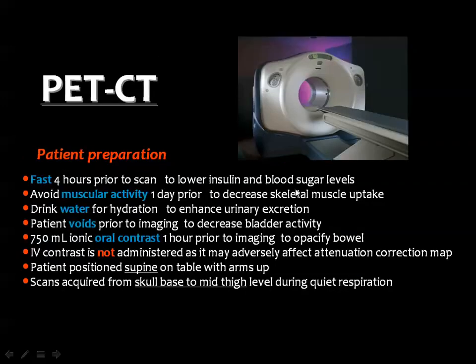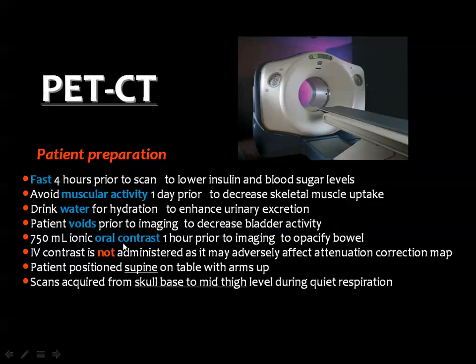For the patient to be prepared for PET-CT, the patient should fast for about 4 hours to lower the insulin and the blood sugar level, and avoid muscular activity to prevent false positive results, and drink some amount of water, and empty the bladder before the examination, because it will mask many of the pelvic pathologies.